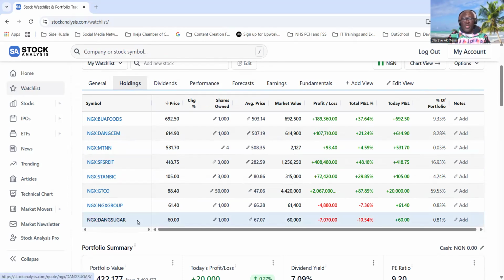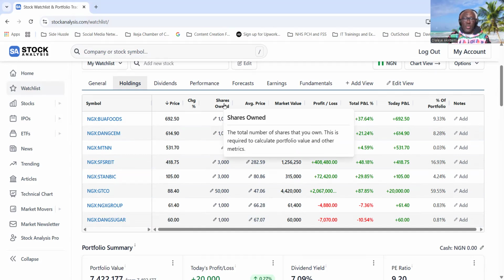So the cheapest of my stocks is Dangote Sugar, and the current price is 60 naira. The most expensive of my stocks is BUA Foods, and it is 692 naira 50 kobo a share.